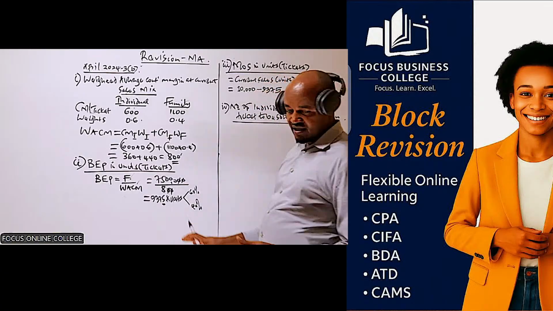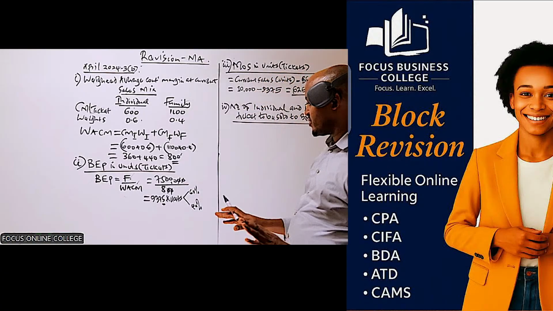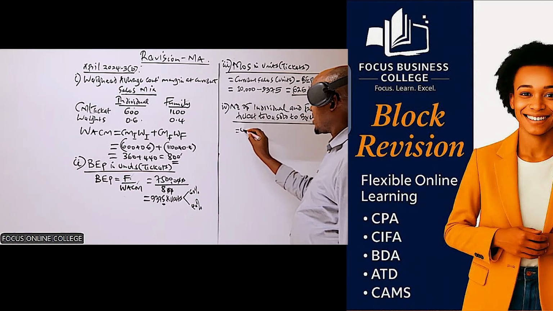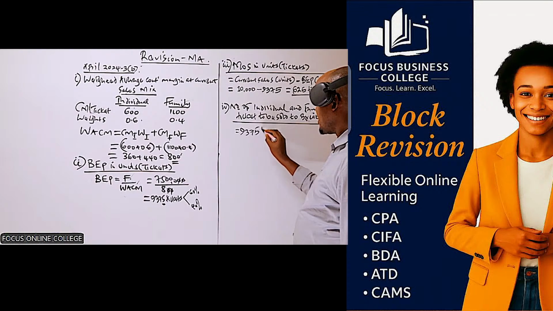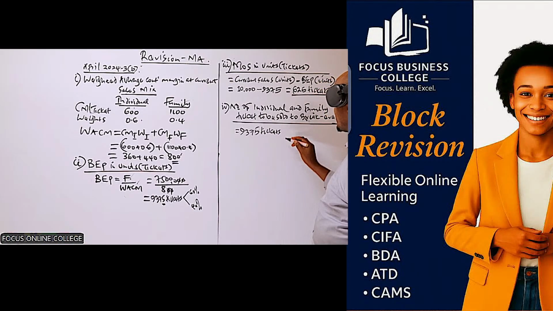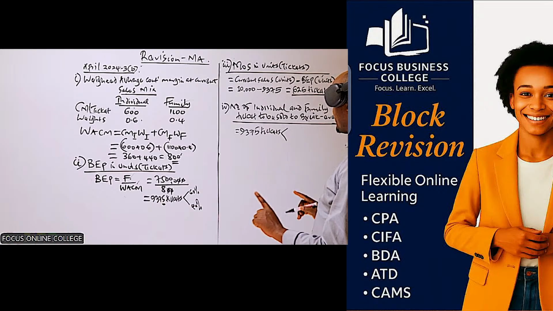Let's see whether, if we use the two approaches, we are going to get the same answer. We take the total units, which are 9375 tickets, the total family and individual tickets to be sold to break even. We can apply the weight to determine the individual and family tickets to be sold.